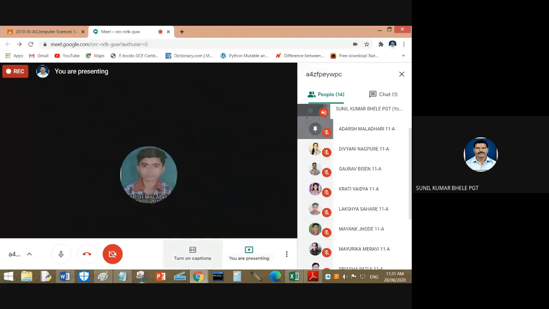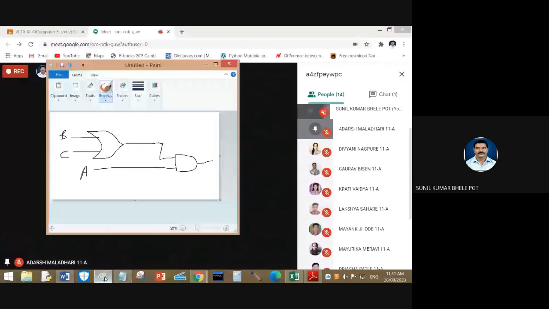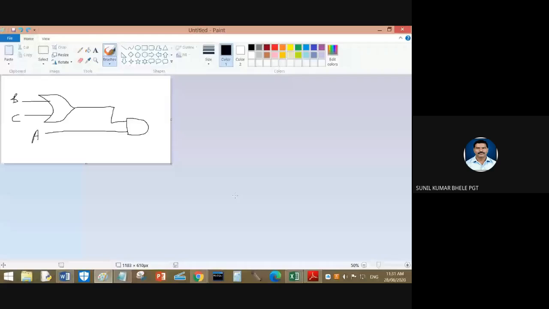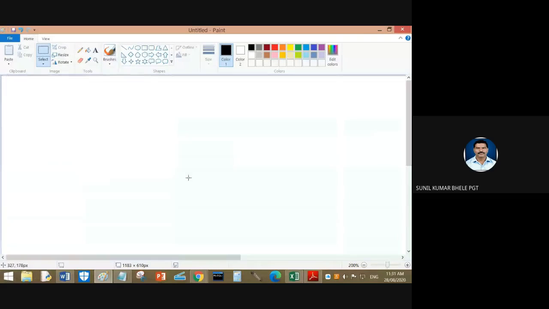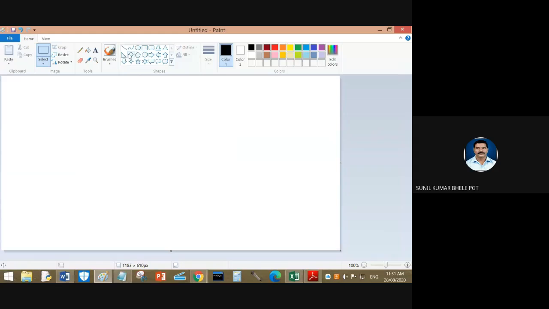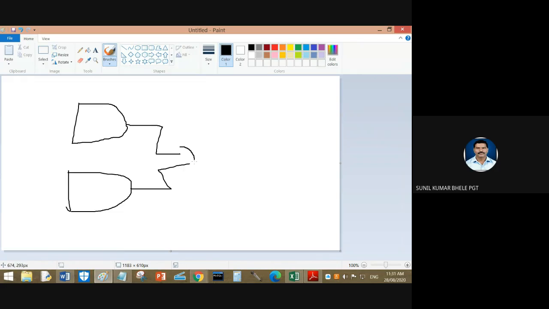So I hope all of you have drawn this type of logic circuit. You have to use the OR gate and the AND gate. These are the two AND gates, suppose, like this. Two AND gates and one OR gate. W is the input for this AND gate and one more input X complement.